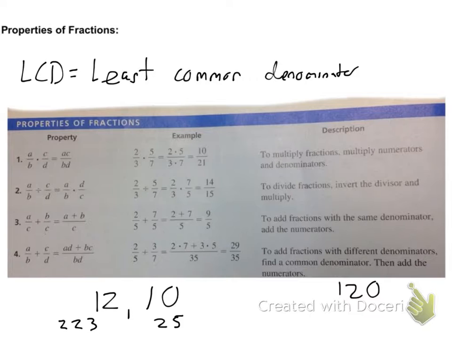Actually, I should say, you have to grab the most of every kind. There are 2 2's on the left one. There's only 1 2 on the right. So you need 2 2's. There's a 3, and then there's a 5. What happens when you multiply all those together? You get 60. So you have to grab the most factors of each kind. So there's a couple different ways that you can find the LCD.